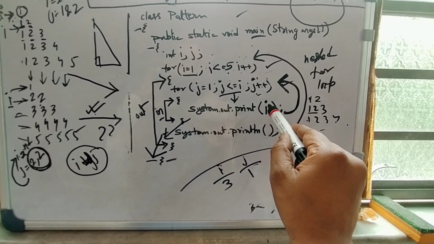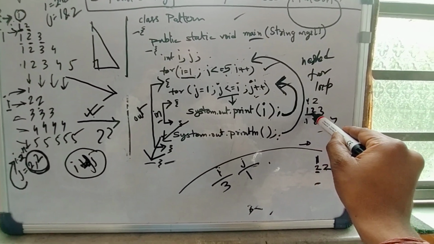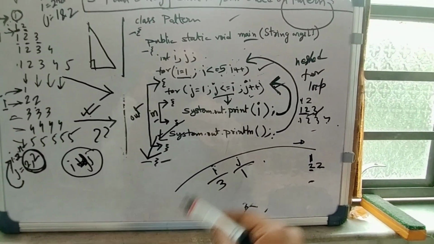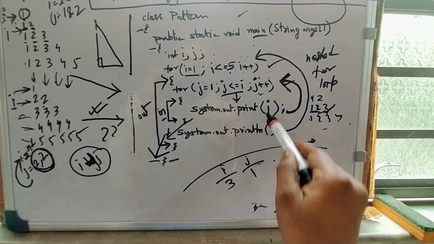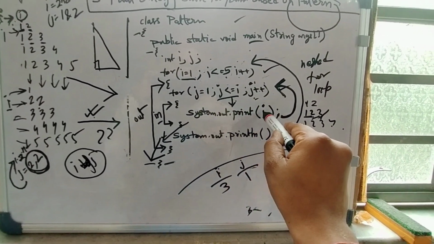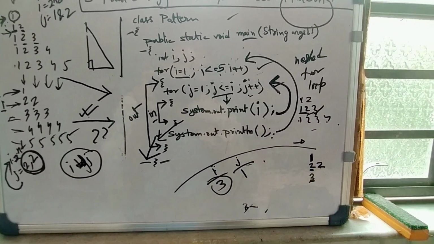If it had been j, then 1 2 3 would have been printed. But since j's value is again running from 1, it prints the value of i, which is 3, hence 3 will be printed.